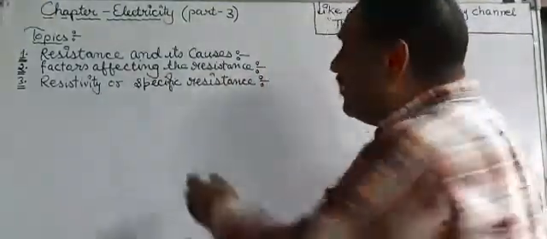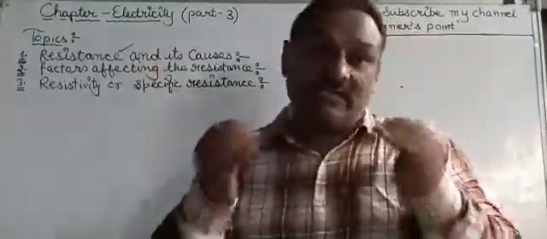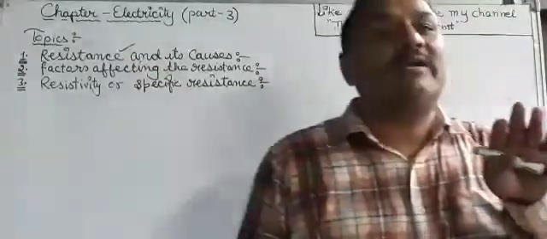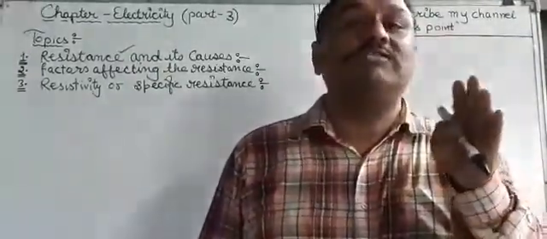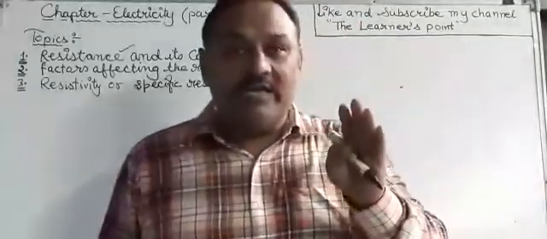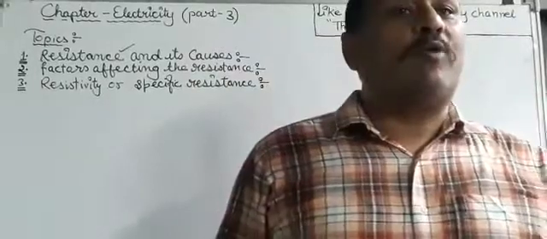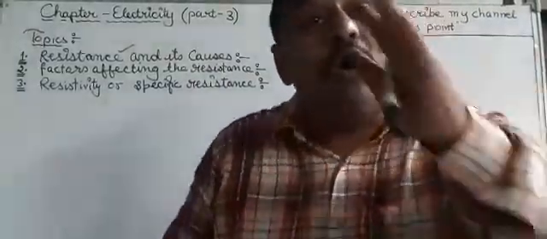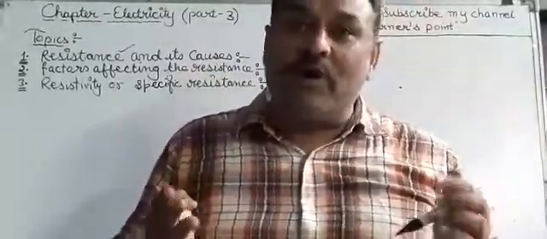So first of all, we are going to explain resistance. What is resistance? Resistance of a conductor is the property of a conductor to oppose the flow of charge through it. So may I repeat once again: resistance of a conductor is the property of a conductor to oppose the flow of charge through it. This definition comes from Ohm's law.